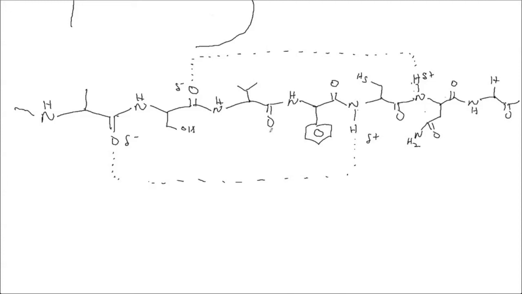And then this oxygen will form a hydrogen bond with this nitrogen, 4 amino acids away. They'll be close enough because of the coiling of the chain.